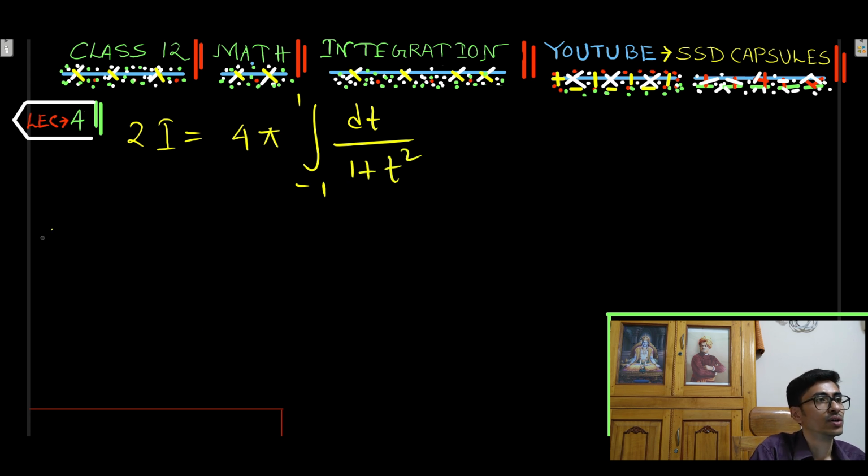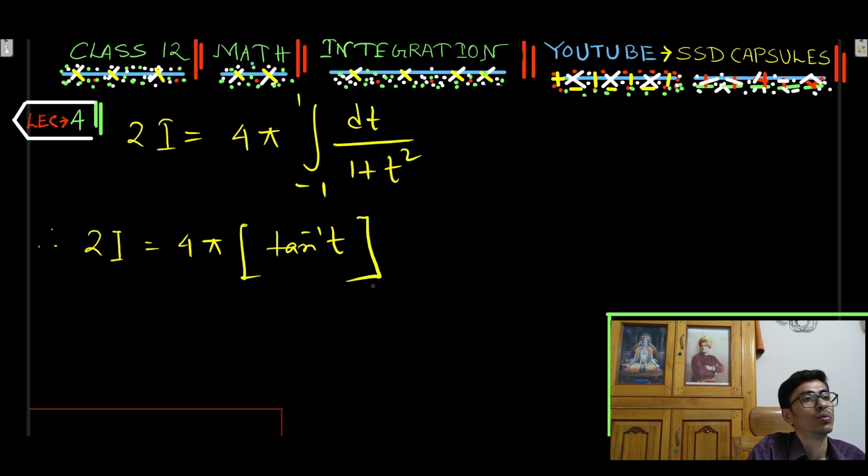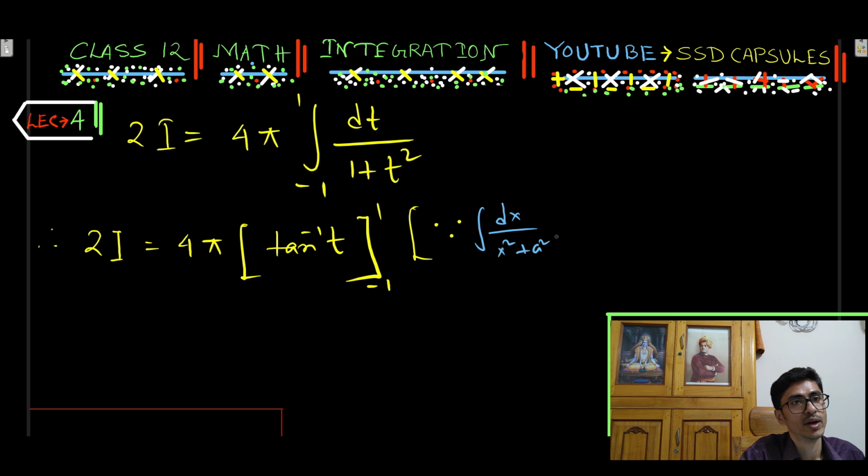equal to, therefore 2I equal to 4 pi, tan inverse t from minus 1 to 1, since the formula we have used here is integration dx by x square plus a square equal to 1 by a tan inverse x by a.